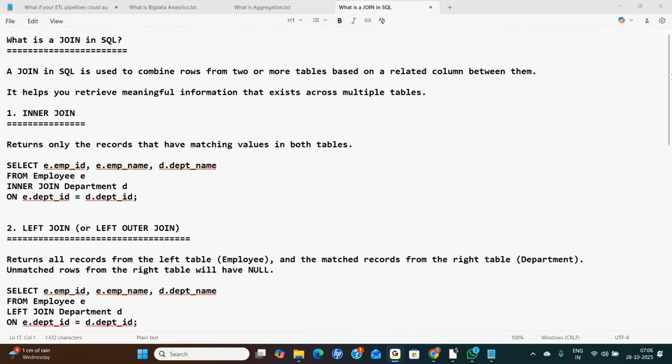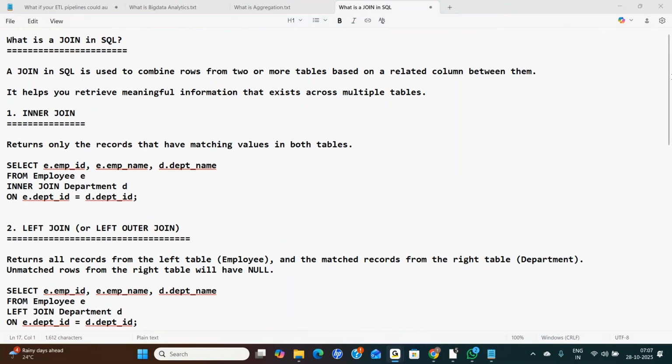A join is a process of combining columns from one or more tables horizontally based on a common key column.